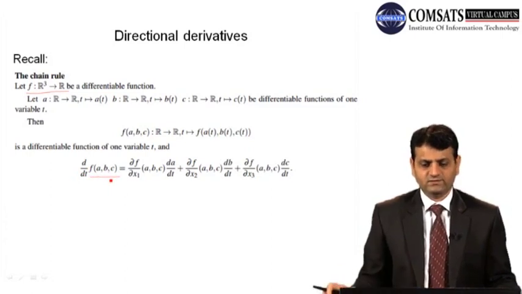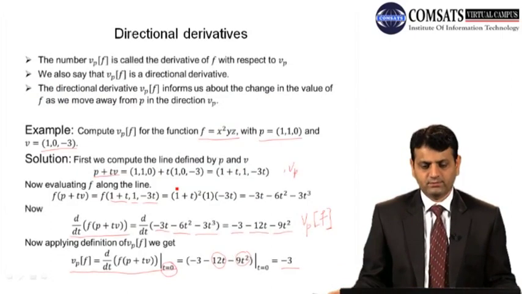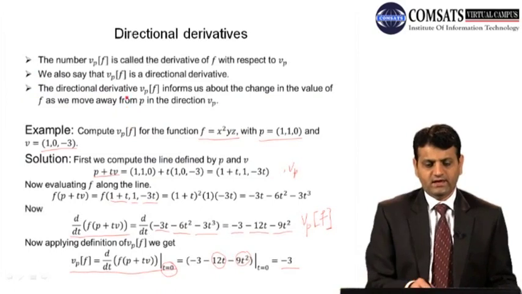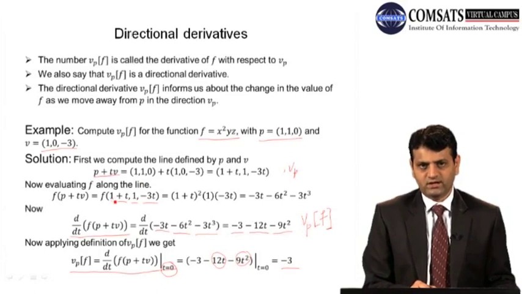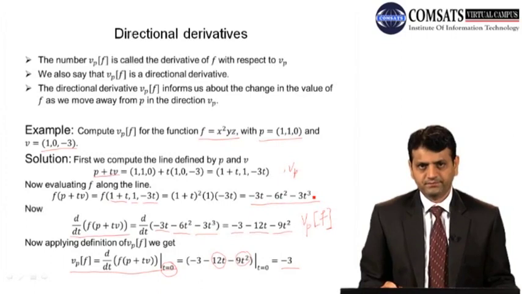It's the same thing as we have seen in the previous example, that f over here is a function from R3 to R, defined as x square yz. But when you evaluate this on these functions of one variable, which are t, 1 plus t, 1 and minus 3t, then you get a function of one variable, and the variable is t.